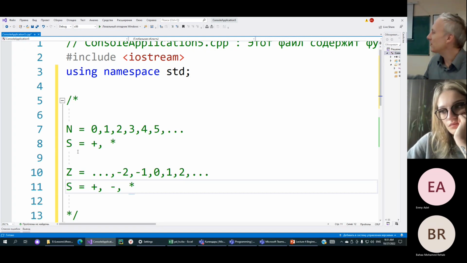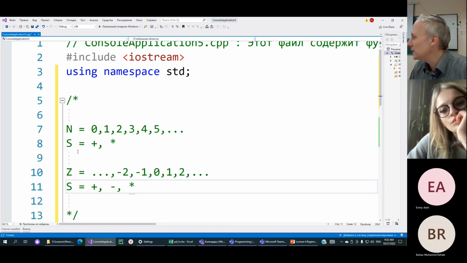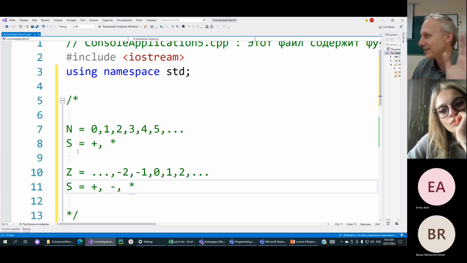Well, in mathematics, not in programming, but in mathematics, there is one more class of numbers. Maybe you have heard about it. We call it rational numbers.